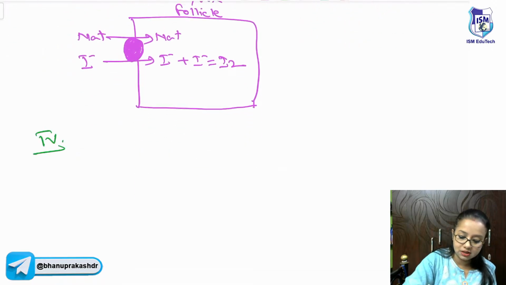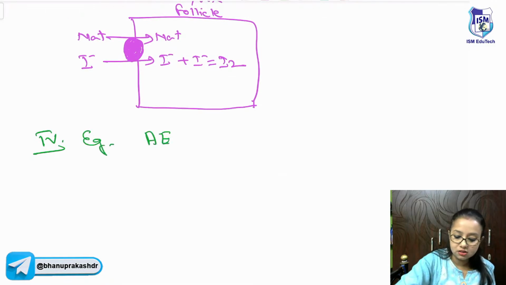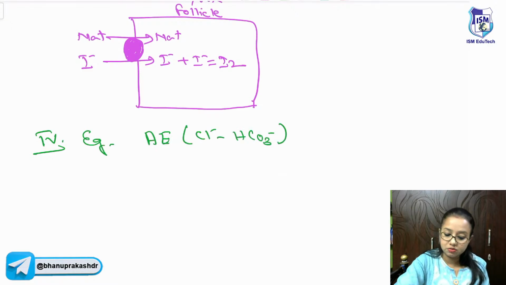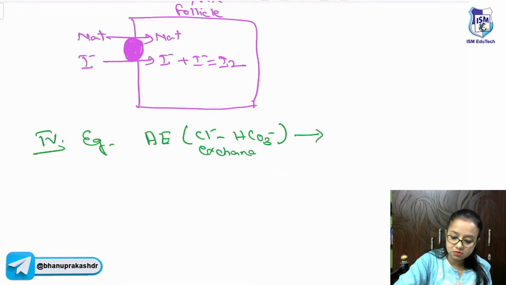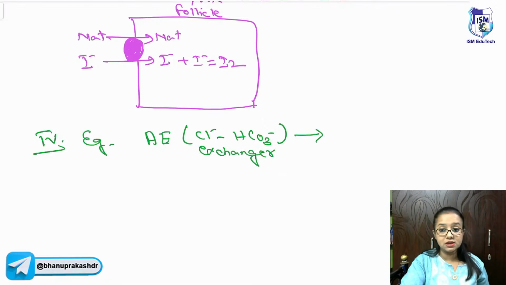The fourth example, as we mentioned here, the anion exchanger, which is the chloride and bicarbonate pump, right? What will happen if this exchanger is mutated? So what did we study? It is most evident in the RBC, right?